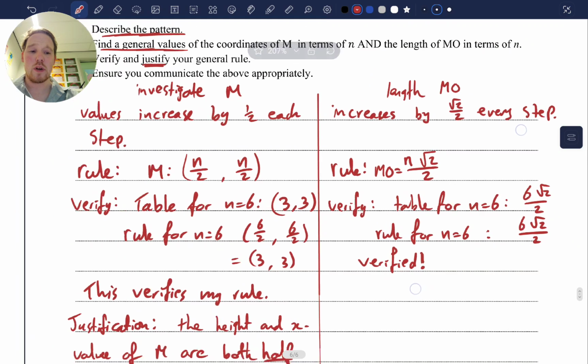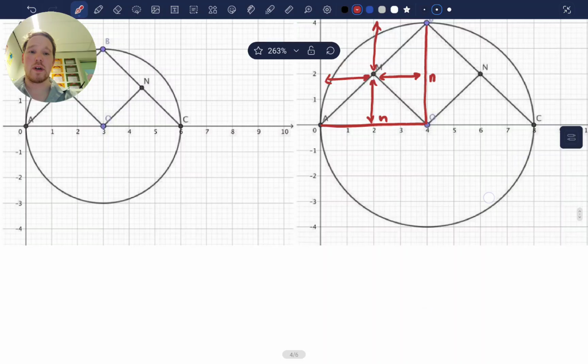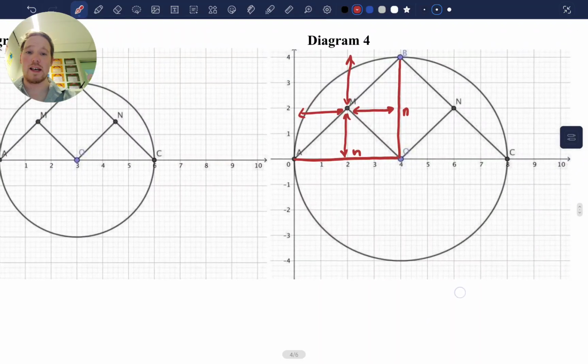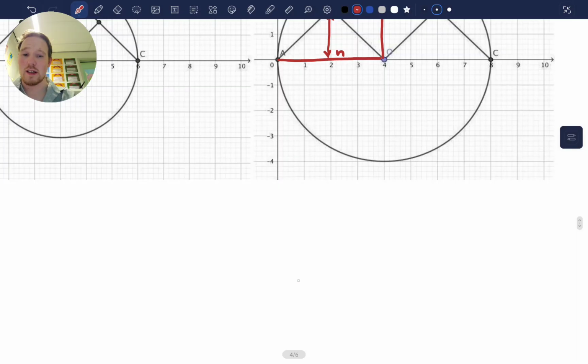And there's a very nice way for us to do so, because if we wanted to make another diagram for n equals 6, for instance, we would draw a big triangle, because we don't have to draw the whole thing, only the MO part is of interest to us.